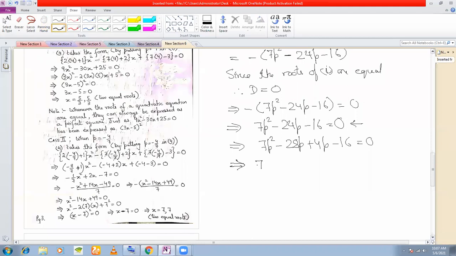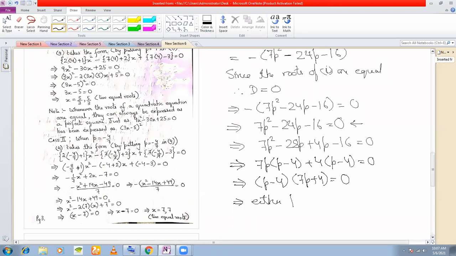So here you have 7p, the p minus 4 plus 4 times p minus 4 equal to 0. That means you get (p minus 4) into (7p plus 4) equal to 0. That means either p is equal to 4 or p is equal to minus 4 by 7.